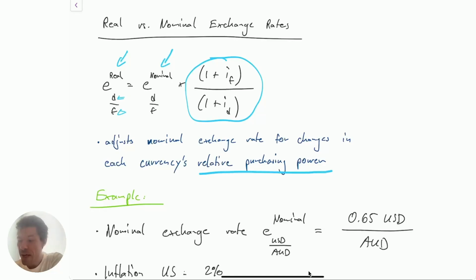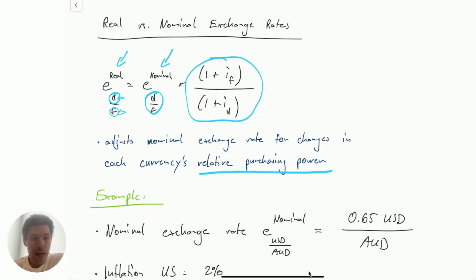So here we could say we use for D US dollar and for F Australia, even though we are based in Europe, doesn't matter. The only thing that matters is that you stay consistent. And if you state your real exchange rate, currency D or currency A needs to be on top in the numerator. Currency F, foreign, or currency B or whatever needs to be in the denominator. Same for your nominal.